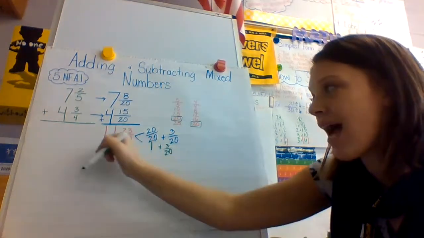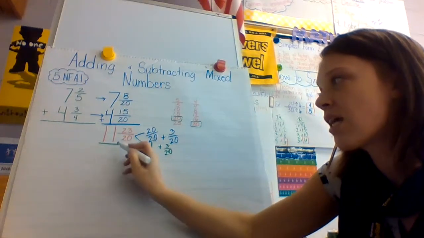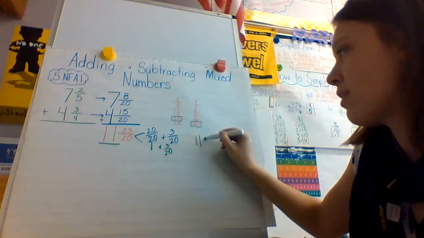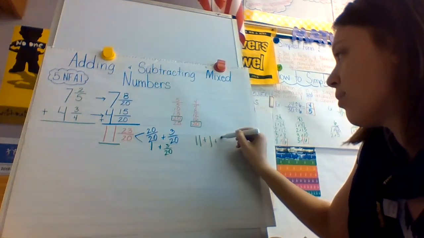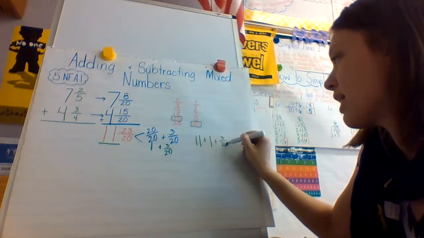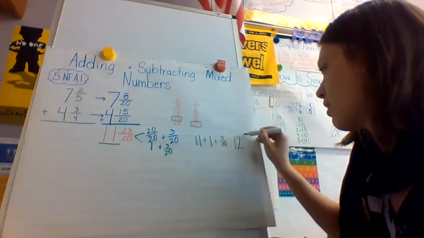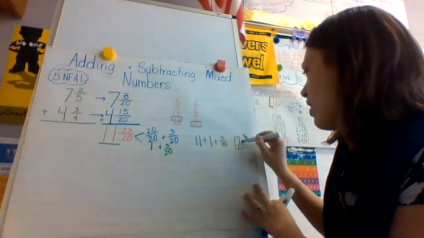Now we can add that with the existing whole number. So we can do 11 plus 1 plus 3/20. So our final answer is 12 and 3/20.